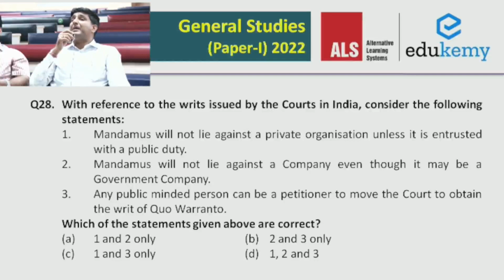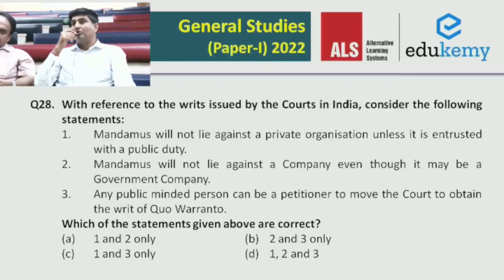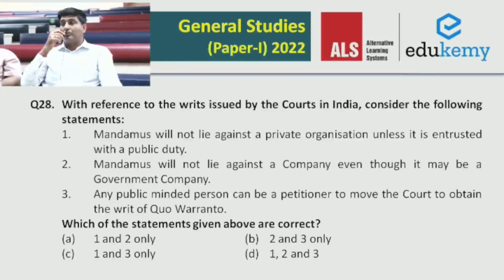Any public-minded person can be a petitioner to move court to obtain the writ of quo warranto. Quo warranto means the court will ask the concerned, what is your authority. Any person can approach the Supreme Court or High Court and ask it to ask this public authority what is the authority with which he or she has done this.